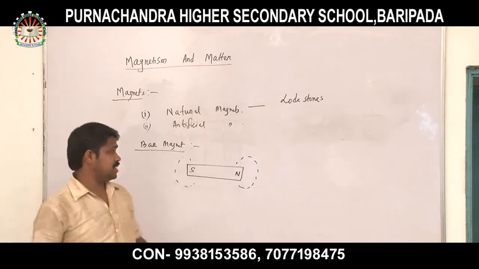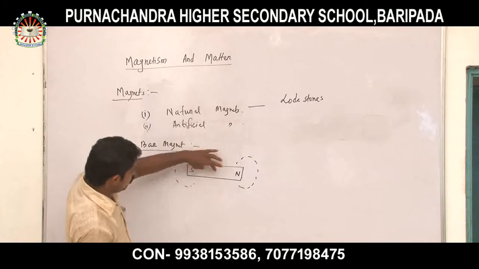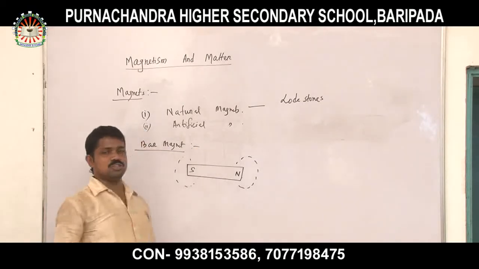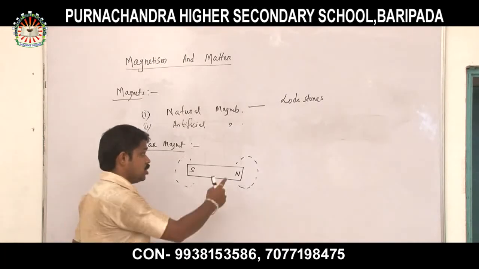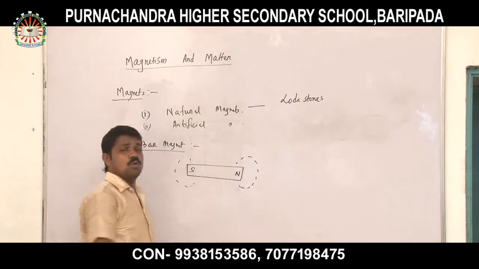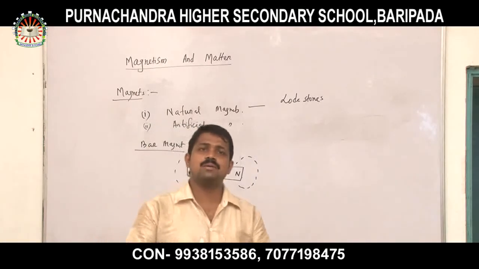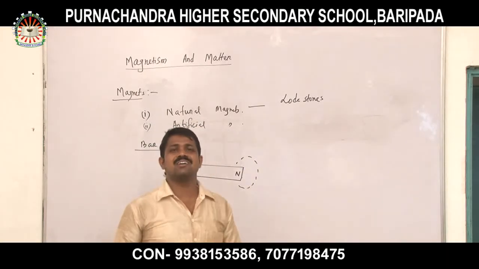Understood all of you? Another very important point, listen very carefully: if we place 2 bar magnets nearby to each other, then like poles, that means similar poles, repel each other, and unlike poles, that is dissimilar poles, attract each other.